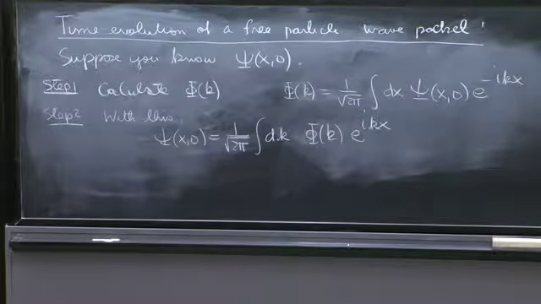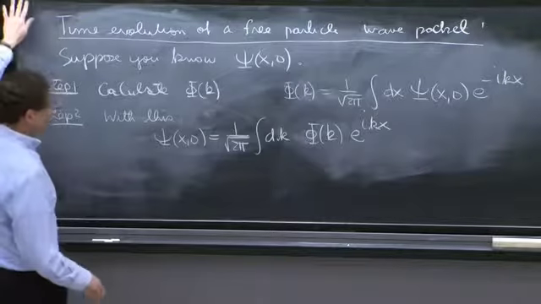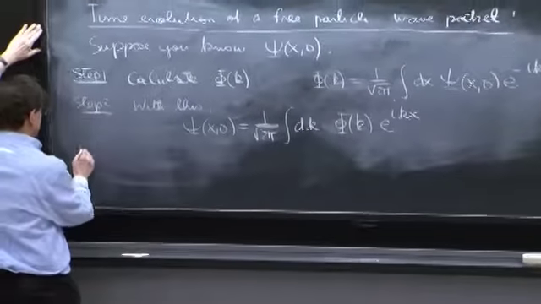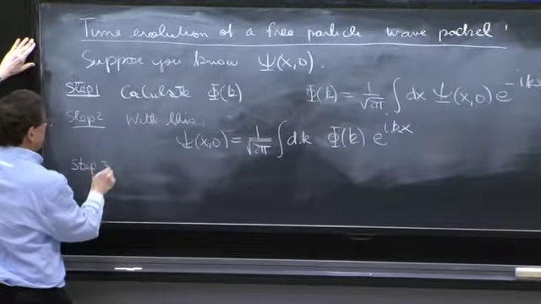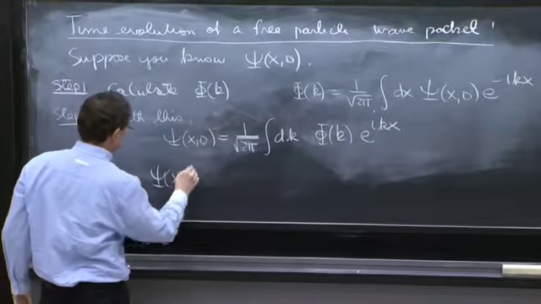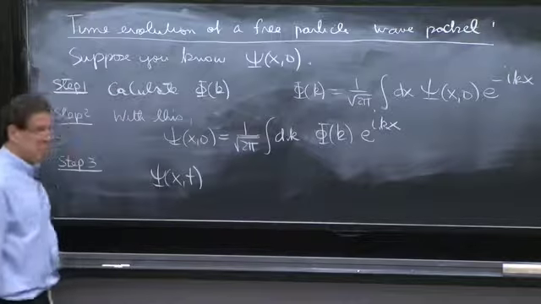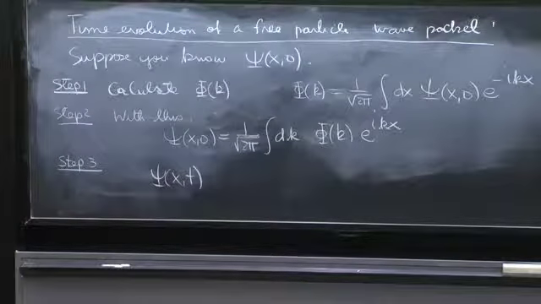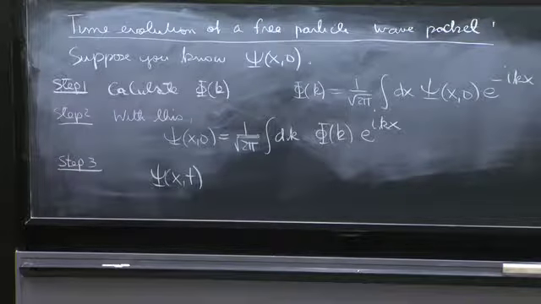Step 3 is the most fun step of all. You look at this and then you say, well, I know now what psi of x and t is. Evolving this is as easy as doing nothing.